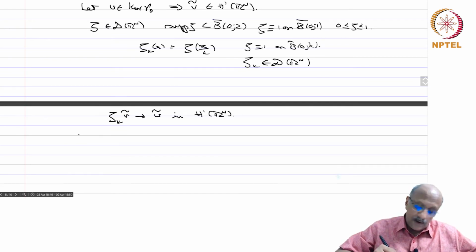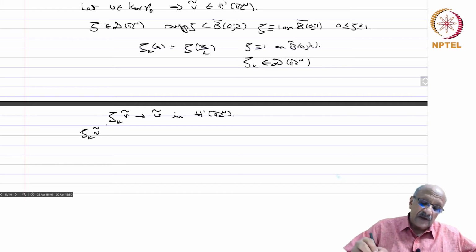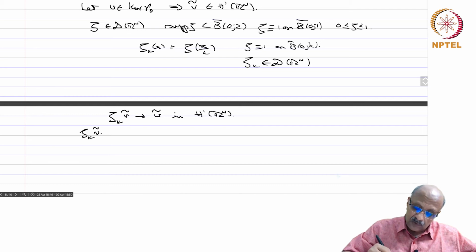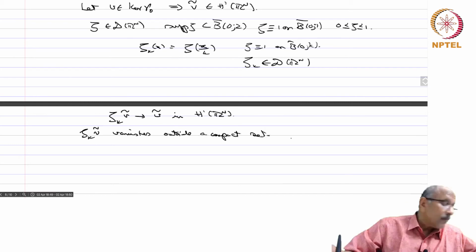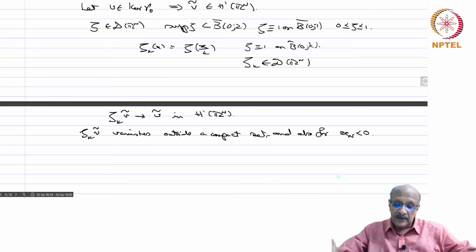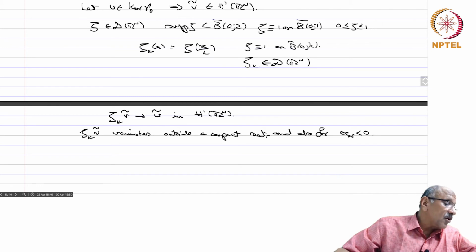Then zeta k V tilde is in the kernel of gamma naught, and zeta k has compact support, so it vanishes outside the compact set, and also for xn less than 0, because V tilde itself vanishes for xn less than 0, so zeta k V tilde will also vanish there.